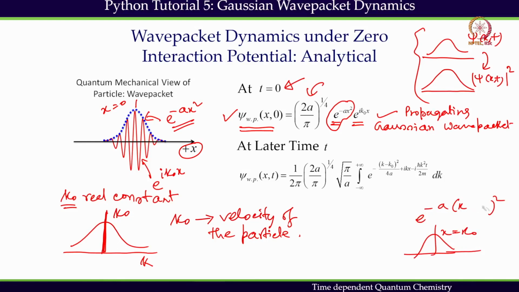But if I don't have x naught, then it is centered at x equals 0. We should remember that we are starting with a wave packet centered at x equals 0, and we'll see how it evolves.